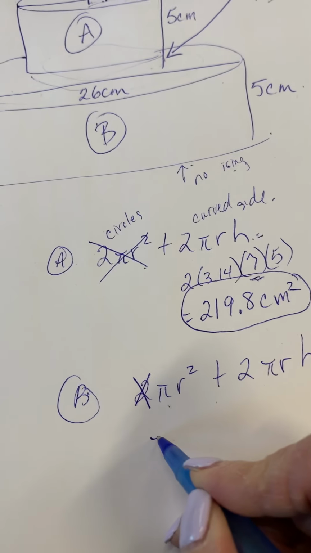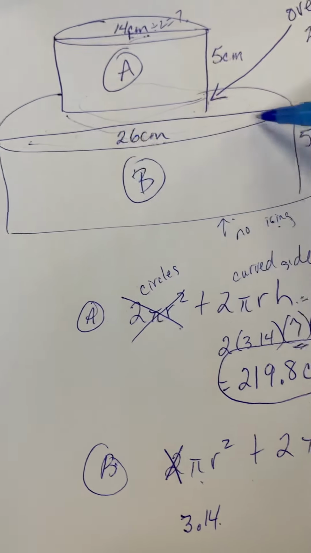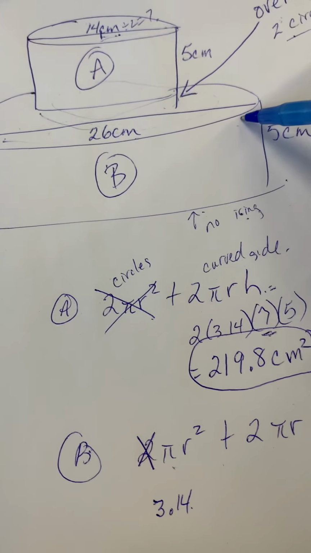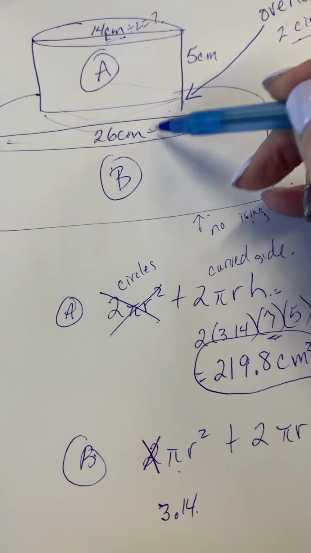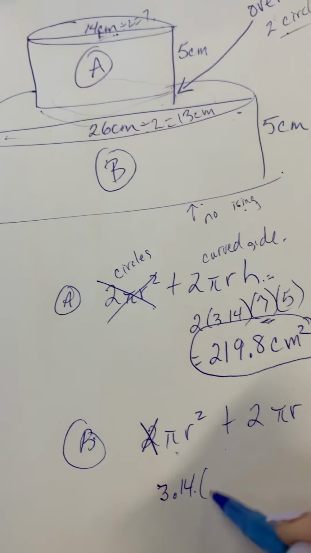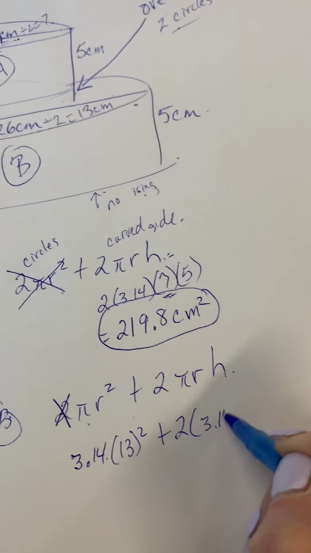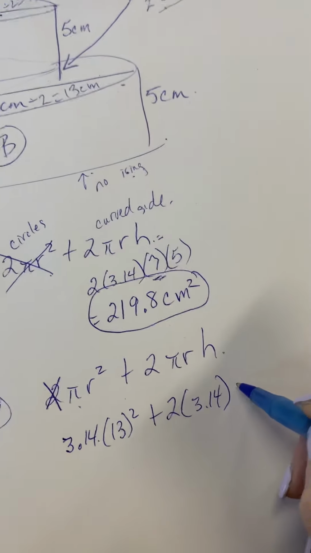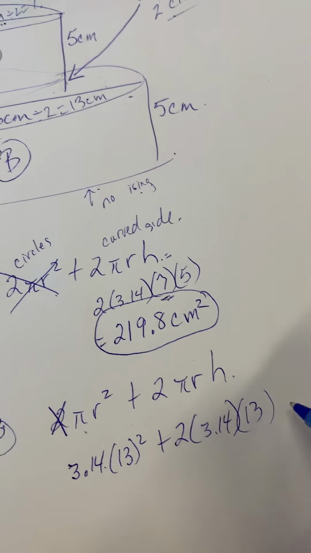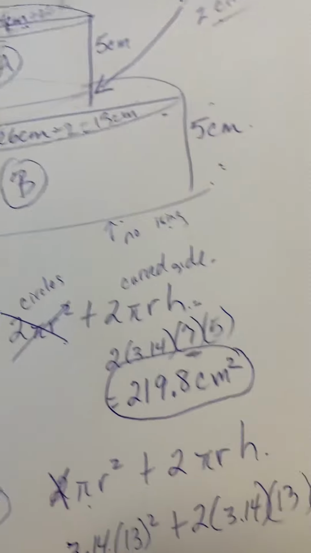So pi, and the radius again, let's talk about this. We've been given the measurement 26, but we know that that's the diameter, so we have to cut that in 2 and get 13 centimeters for the radius. So 13 squared, plus 2 times 3.14 times 13 times, and then the height of this bottom cake is the same as the top one, 5.